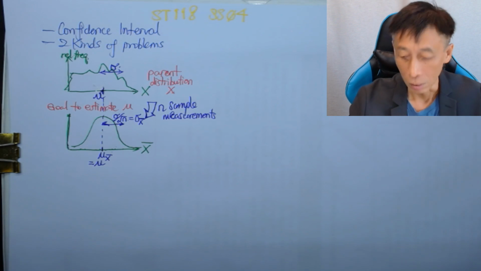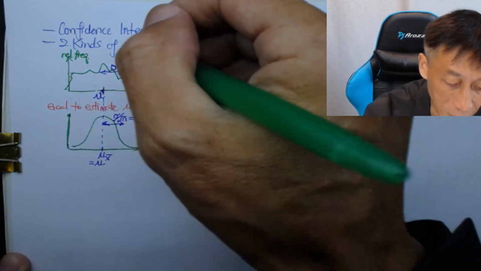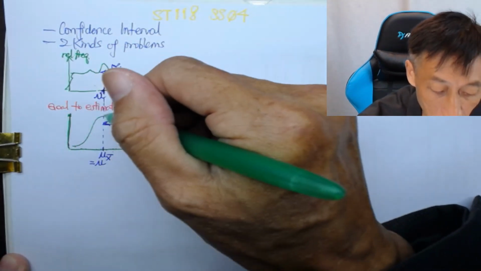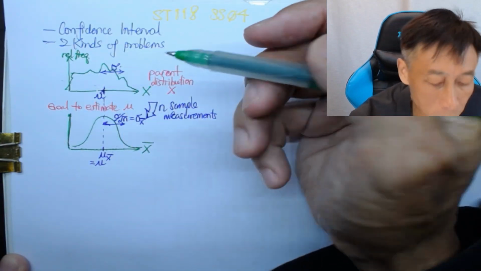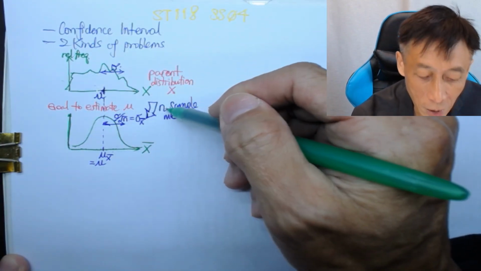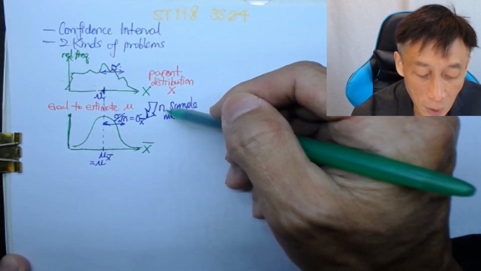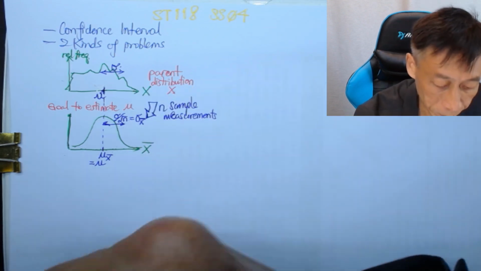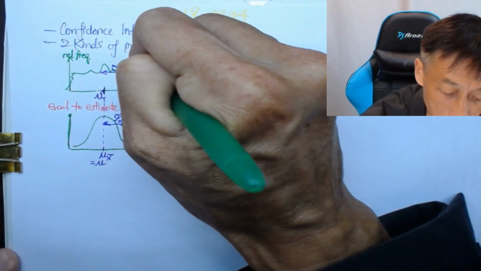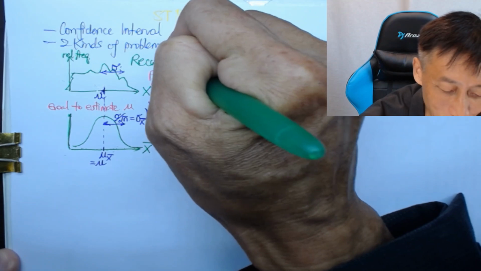So that was our previous lesson, and also we apply the central limit theorem so that zigzag curves, any parent distribution, any shape with large enough sample size n will result in a smooth normal curve. So this is all recollection from previous videos.